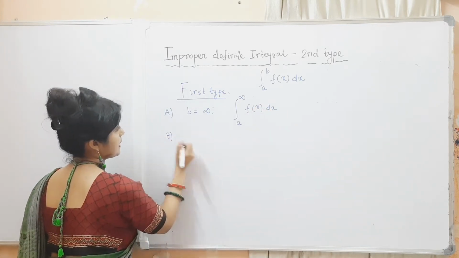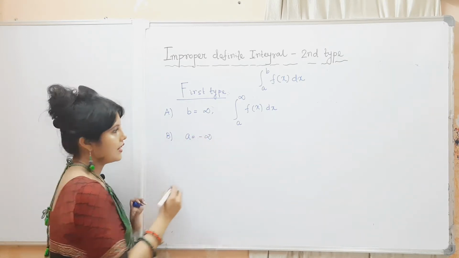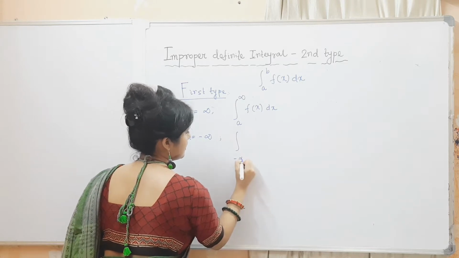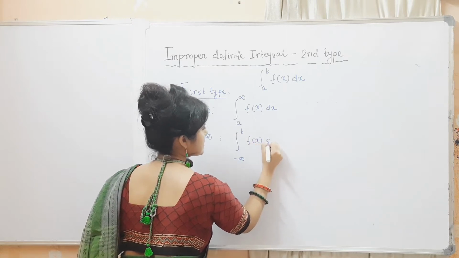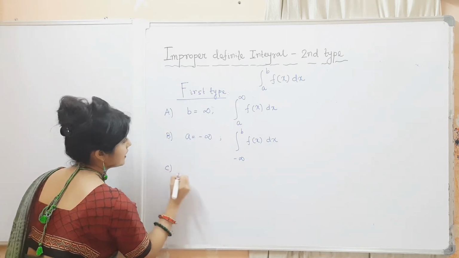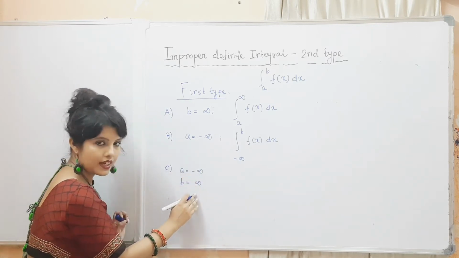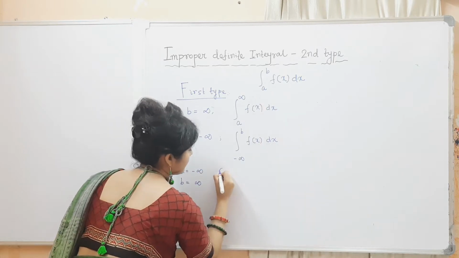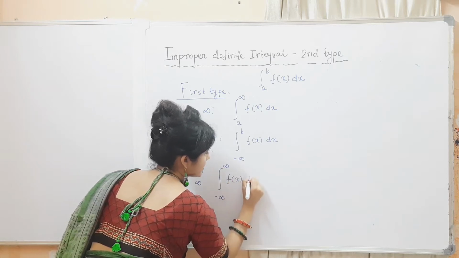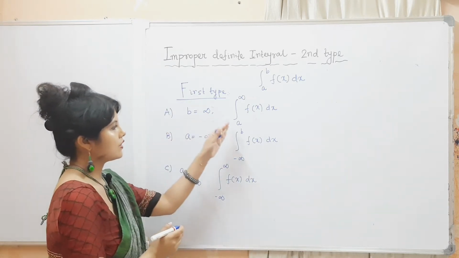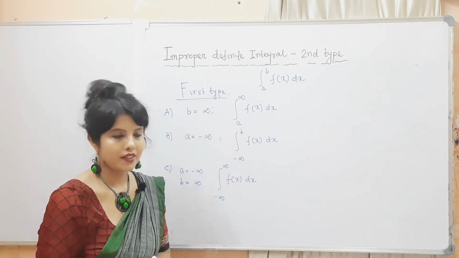And in section b, where a was minus infinity, the form of the integration will be minus infinity to b f of x dx. And in the third section, where a is minus infinity and b is plus infinity, the integration will be minus infinity to infinity f of x dx. So that was the three sections of first type of improper definite integral.